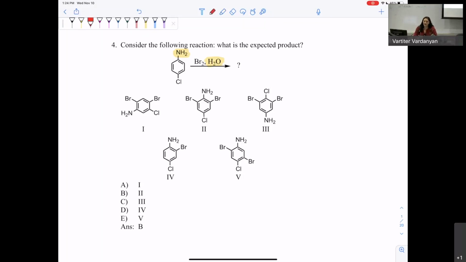So if we have NH2 and water, we're going to add 2 bromines, and someone already said it, we're going to add it to both of the ortho positions because NH2 is more reactive than chlorine, and also the para position is already taken. But if the para position was not taken, we would also add it a third time. Cool. So the answer would be number 2.